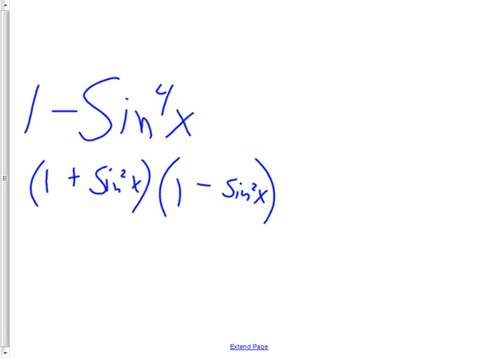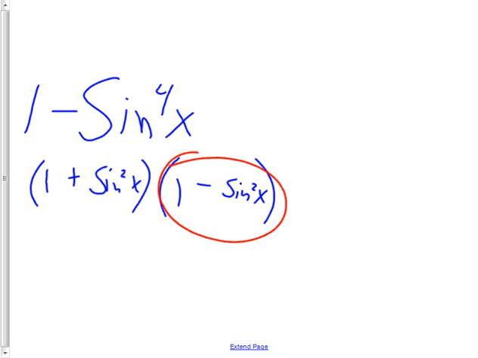Square root of 1 is 1 and 1. Square root of sine to the fourth is sine squared. Plus and minus. Why would that ever be handy? Any of you recognize something in there? You could replace this with what? Cosine squared.